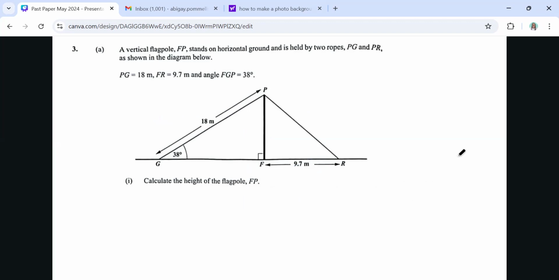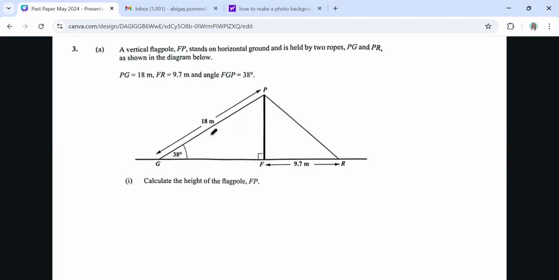PG equals 18 meters, PR equals 9.7 meters, and angle FGP equals 38 degrees. It's asking you to calculate the height of the flagpole.